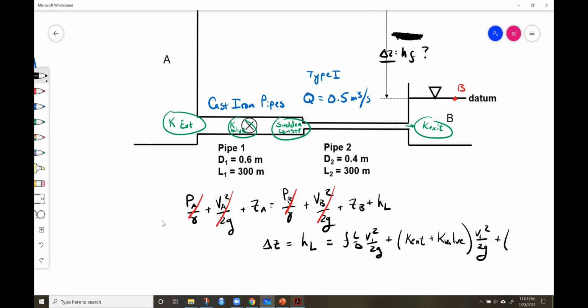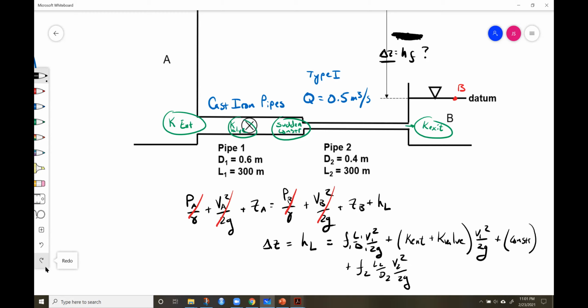So we'll look at that constriction minor loss. And then we'll also do the major loss. So we'll call that F1, L1, D1. So F2, L2, D2. So now we're looking at pipe 2. Velocity in pipe 2 squared over 2G.